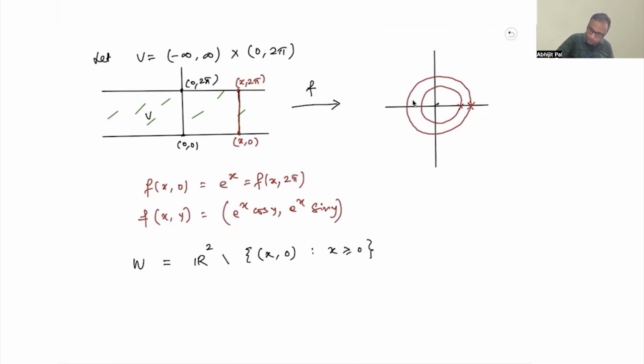So this non-negative side of the x-axis will be deleted. That is my W. So f is now a map from this B to W, and this is a diffeomorphism.